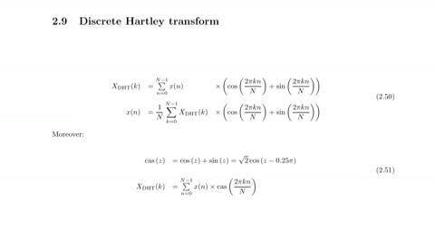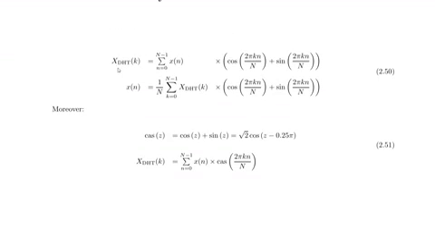Now, another transform, discrete Hartley transform. Okay, X DHT of k will be equal to summation from n equal 0 up to capital N minus 1 of x of n times, here you use two terms, cosine and sine. In DFT we had cosine plus or minus j times sine, or e to the power of j and so on.